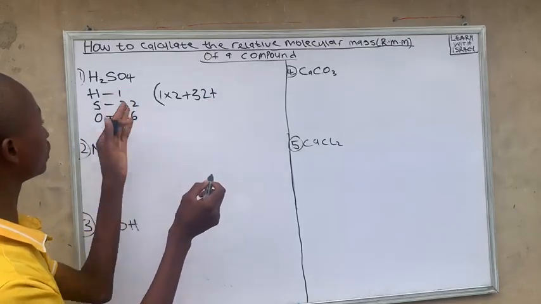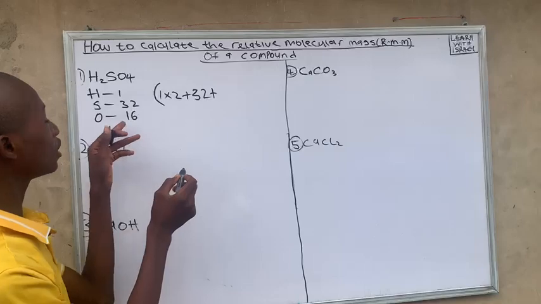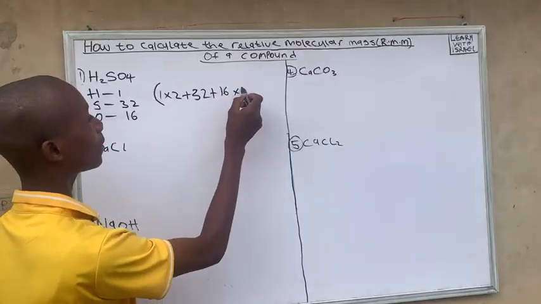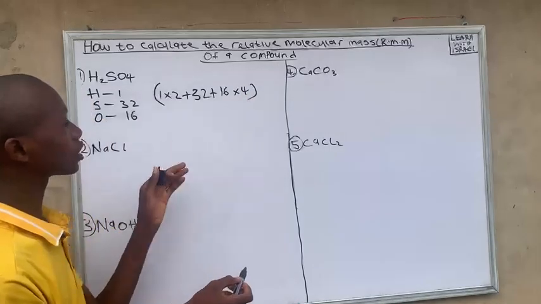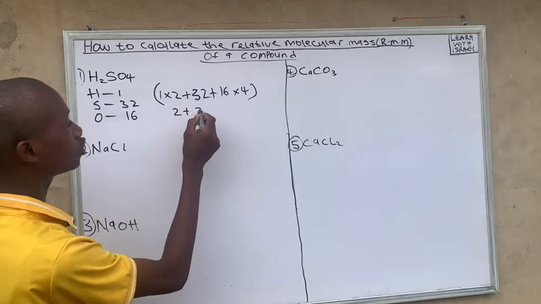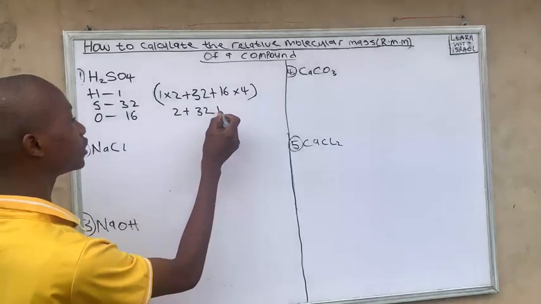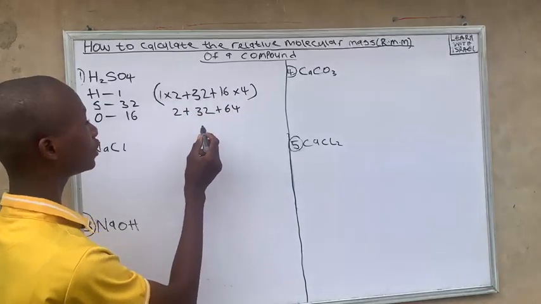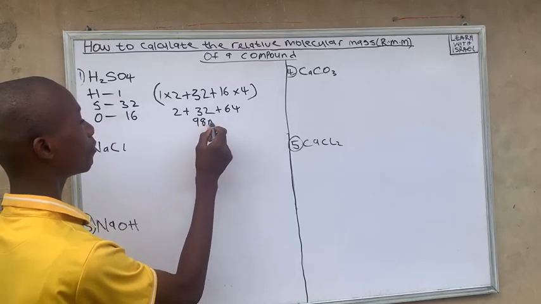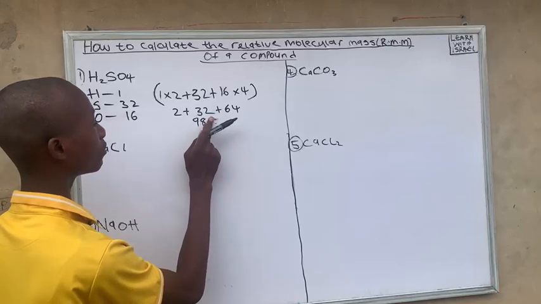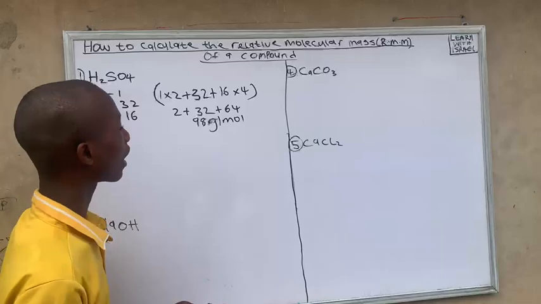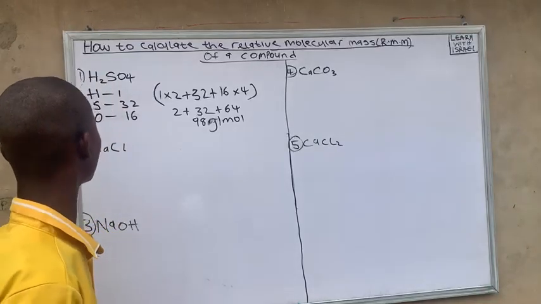We have 4 oxygen here, so we multiply our oxygen by 4, that will be 16 times 4. So 1 times 2 gives us 2, plus 32, plus 16 times 4 is 64. That gives us 98 gram per mole. So let's move to the next question.